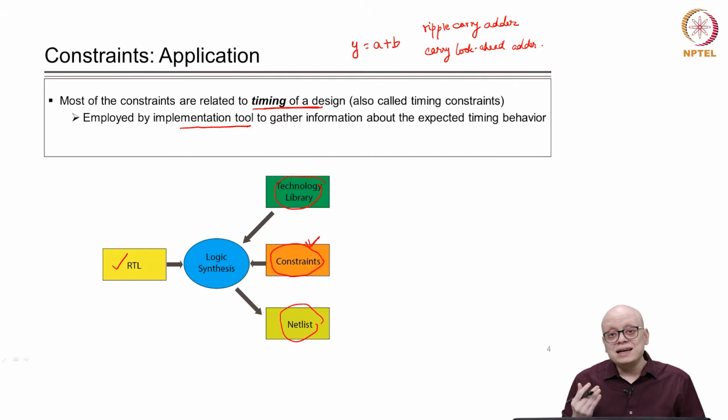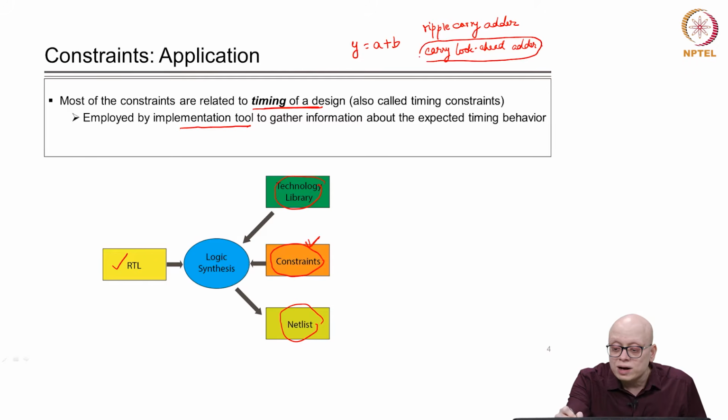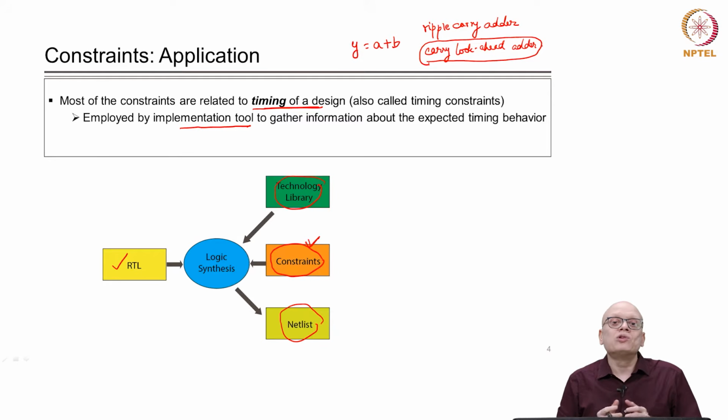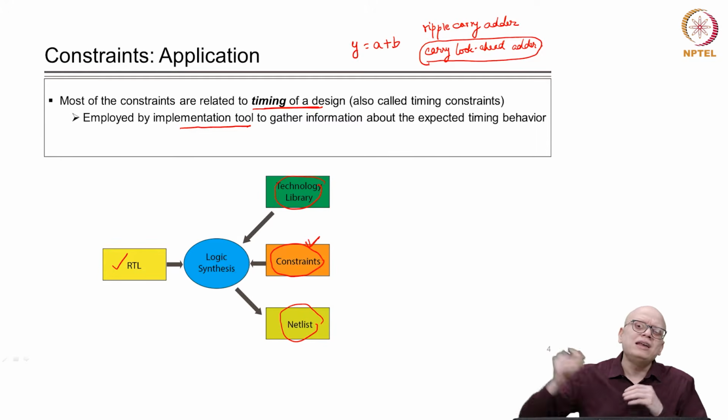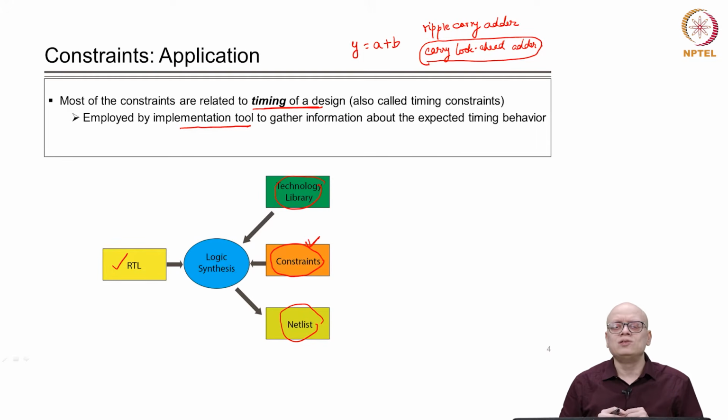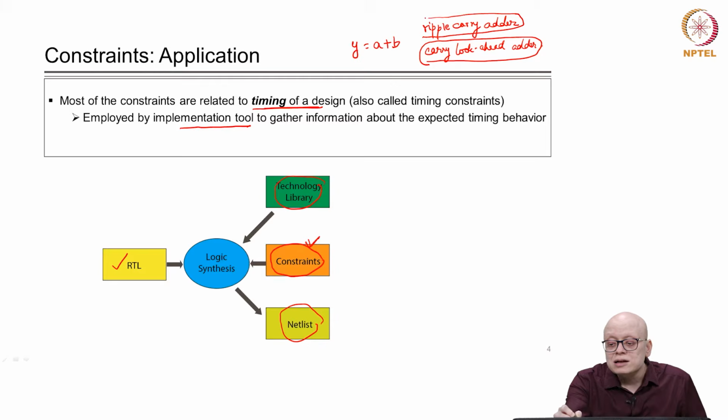So, in that case, the implementation tool will use a carry look ahead adder because it is fast, but the downside is that it will take more area. Now, on the other hand, if we say that I do not want my circuit to operate at very high frequency, even a moderate frequency is acceptable. In that case, probably the tool will use a ripple carry adder, which is not as fast as carry look ahead adder, but it saves in the area, right.